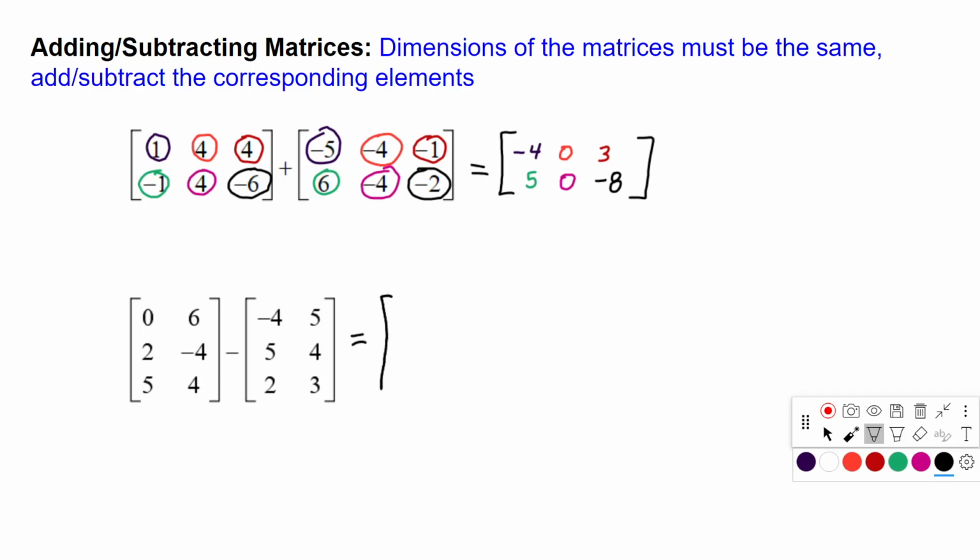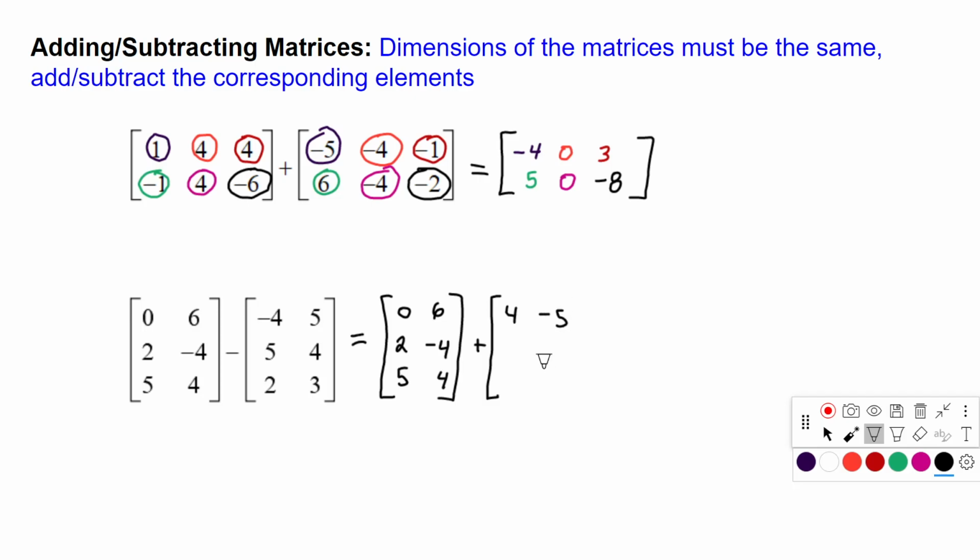The first matrix is going to stay 0, 6, 2, negative 4, 5, 4. Then I'm going to write plus, and I'm going to write the opposite of every element in this second matrix. So instead of a minus 4, because we have the subtraction, it would become a plus 4.